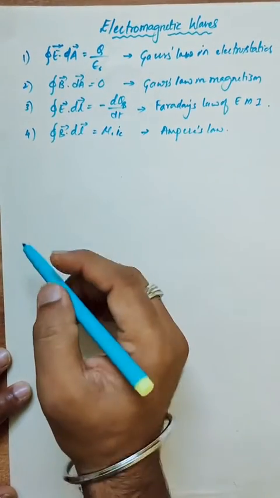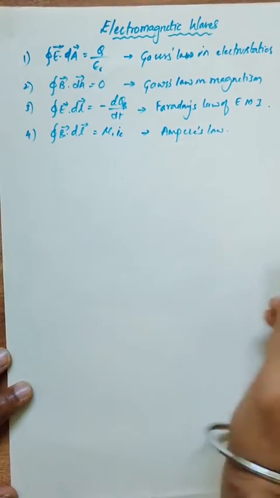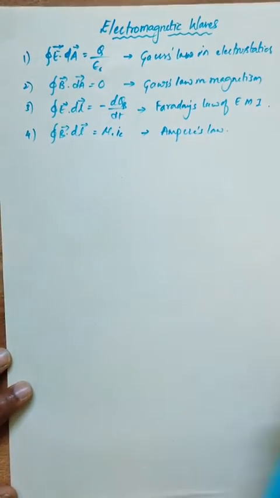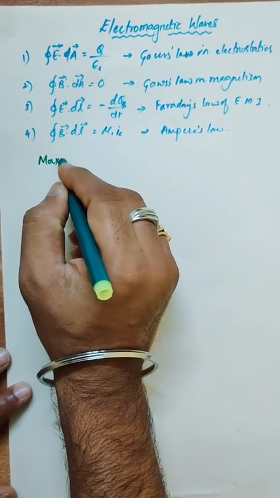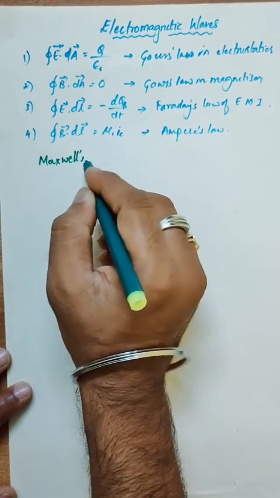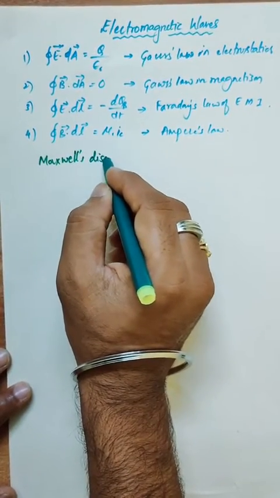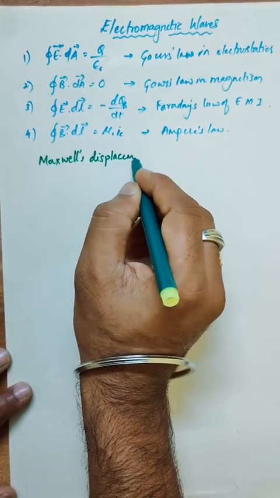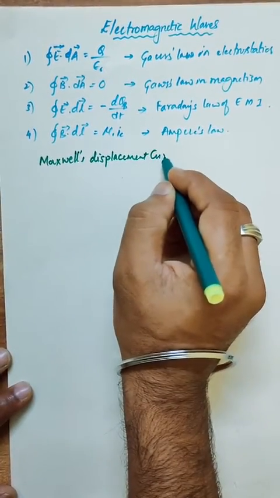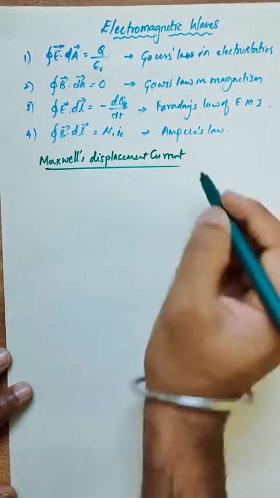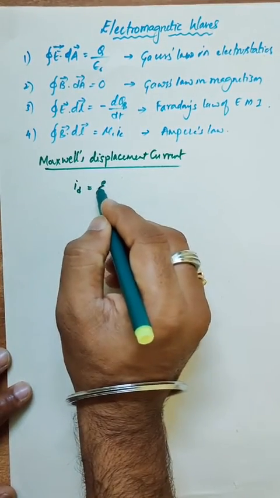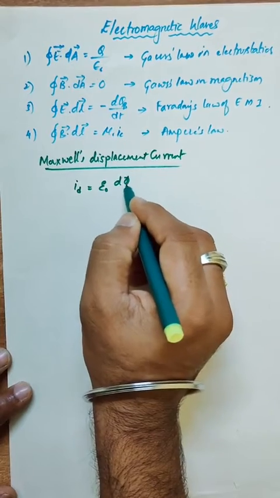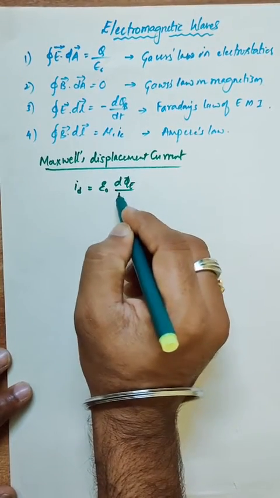Next we have Maxwell's displacement current. So we'll discuss Maxwell's displacement current. In this, we have displacement current I D is equal to epsilon naught d phi E divided by dt.